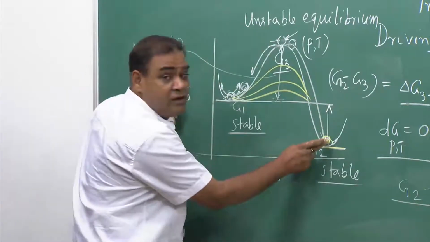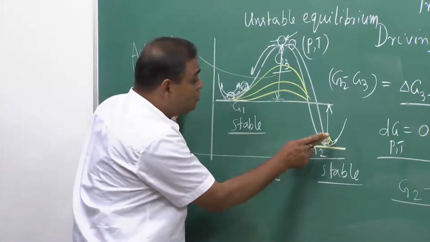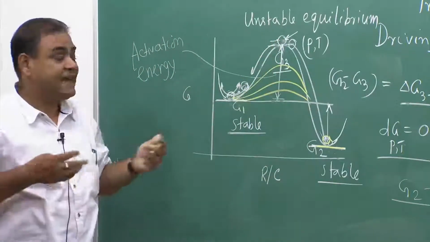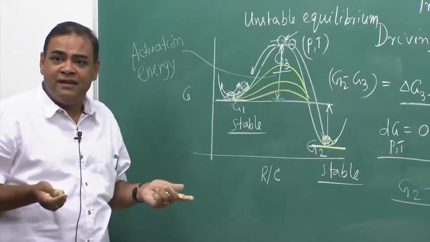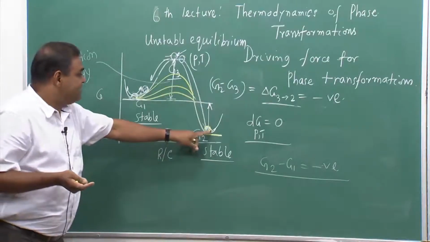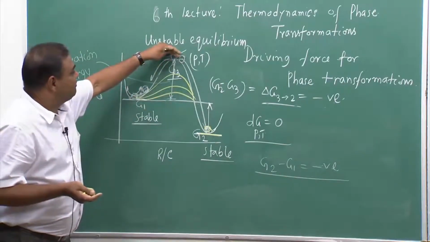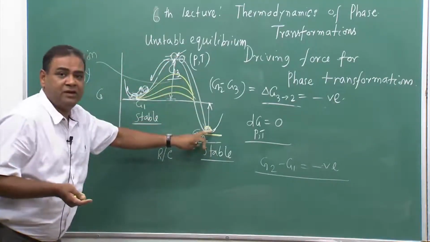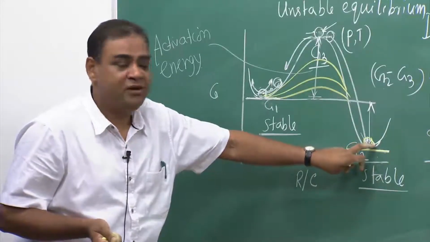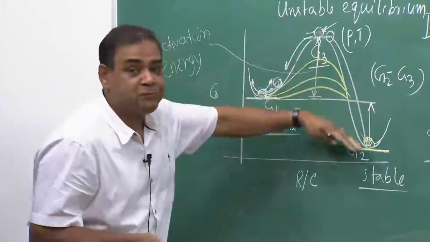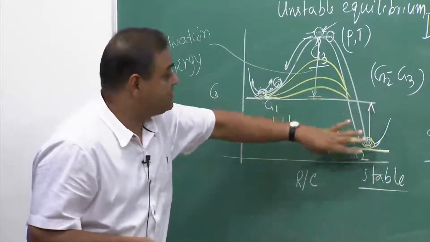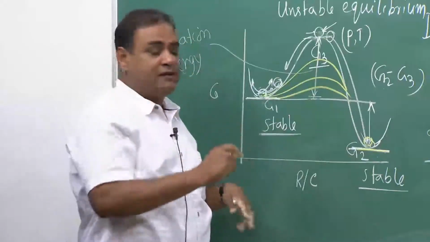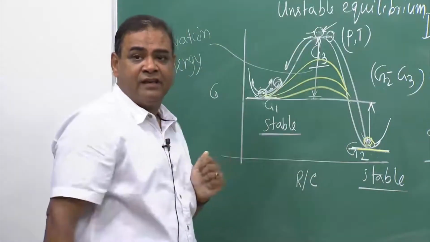Can the ball go to this point on its own? It cannot. Why? Because the natural process would be that the ball rolls down towards potential energy lowering, rather than going spontaneously up the hill, up the potential energy.